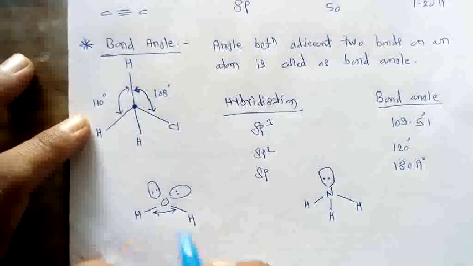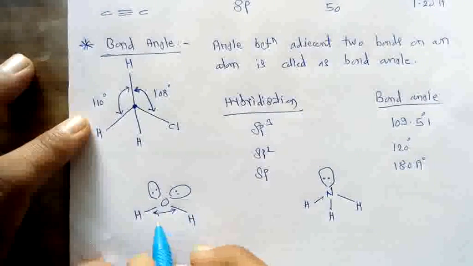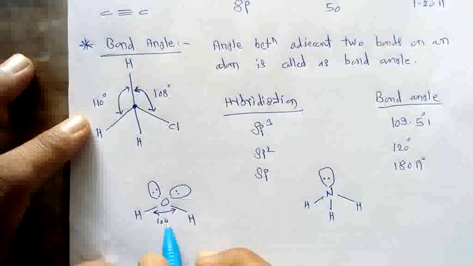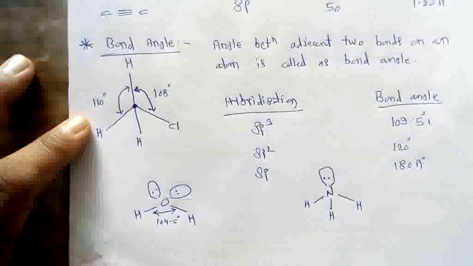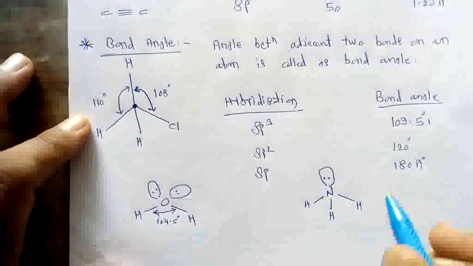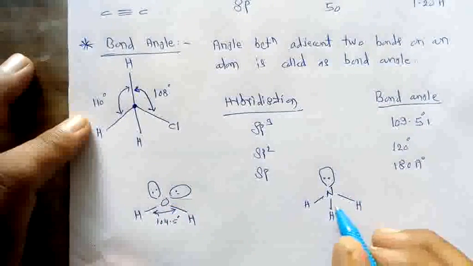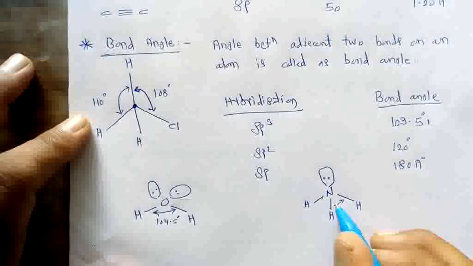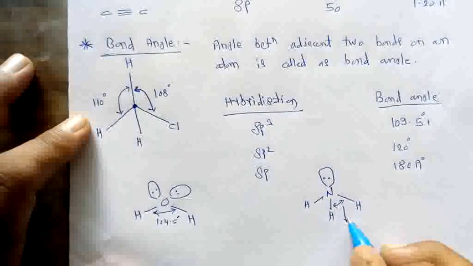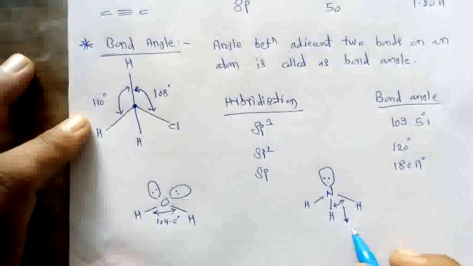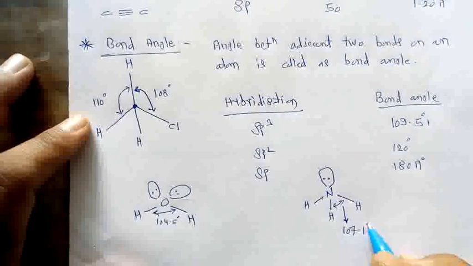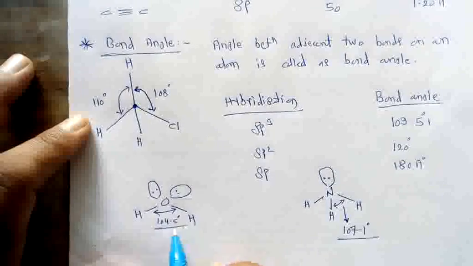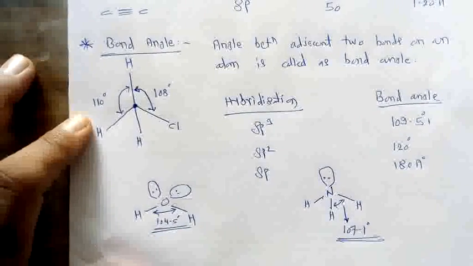In water, the bond angle is 104.5 degrees, while in the second case, between these two adjacent bonds on the nitrogen atom, the bond angle value is 107.1 degrees. So this is the difference between the bond angles in these two molecules.